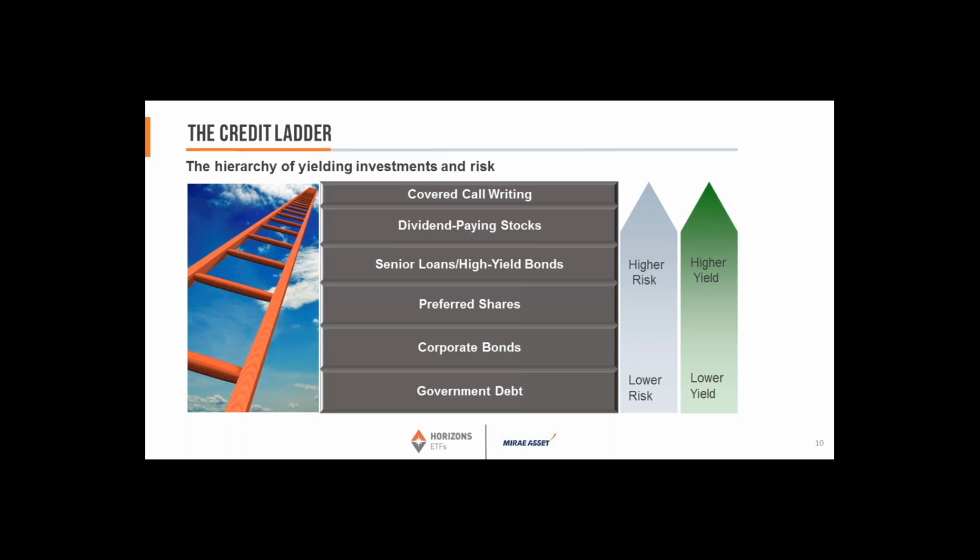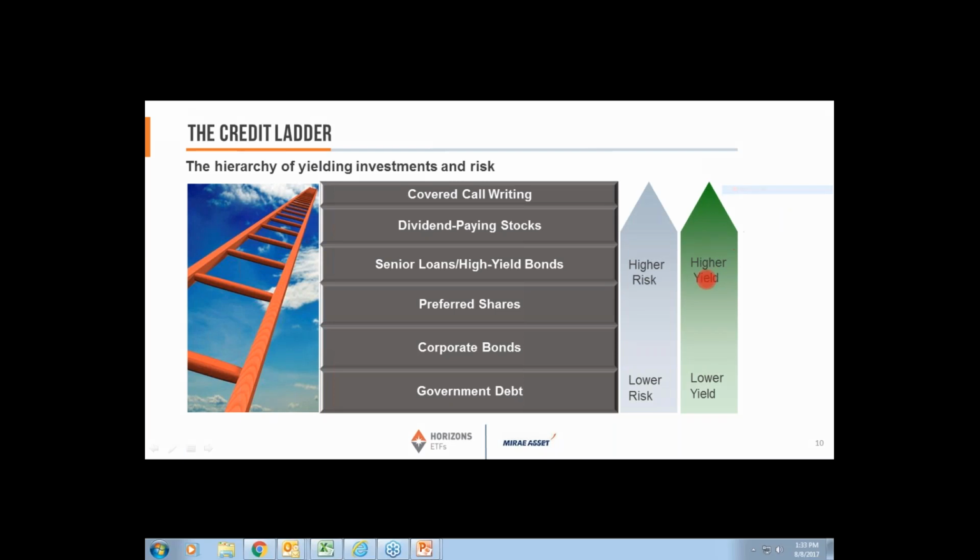Now, there's really two key risks in fixed income investing. There's credit risk, which is the likelihood that the underlying security will pay you back the debt and therefore won't default. And there's interest rate risk, which is the fact that as interest rates rise, bond valuations decline. So those are the two key risks, and the big one being credit risk.